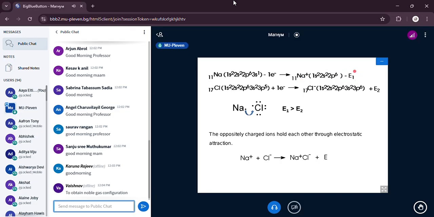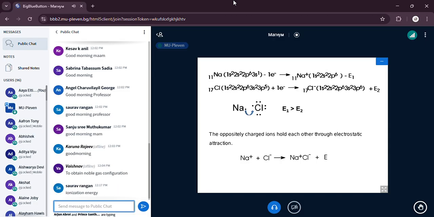What is the meaning of this energy E1, which has a negative sign here? What is the name of this energy? I will look at the virtual room. Still no answer. Okay. There is, thank you.